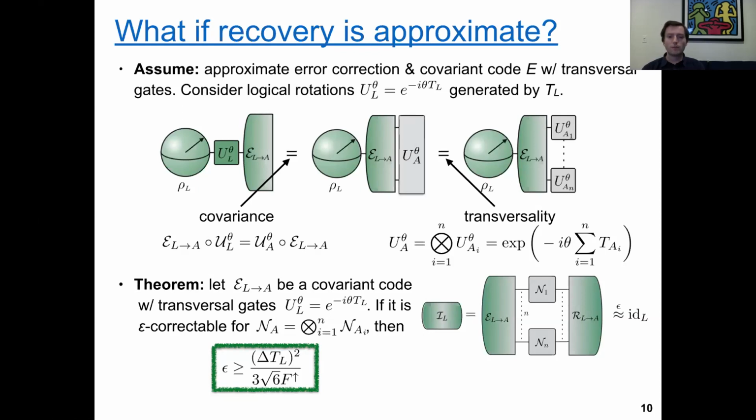So remember, epsilon parameterizes how well our code performs in correcting errors. It tells us that the composite channel, which consists of the encoding map, the noise, and the recovery, is epsilon close to the identity channel on the logical level. So very roughly speaking, what the approximate Eastin-Knill theorem tells you is if you want a covariant code with transversal gates, then there is some price one pays, namely the performance of the code cannot be ideal.